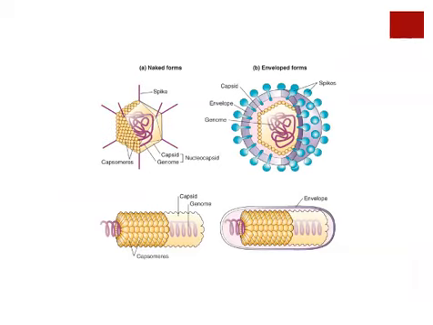On this slide, you can see some drawings of the two kinds of viruses, the naked viruses on the left and the enveloped viruses on the right. So what the artist is showing us here on the left, up at the top, is a cutaway view of a viral particle. We're peeking inside of a nucleocapsid.